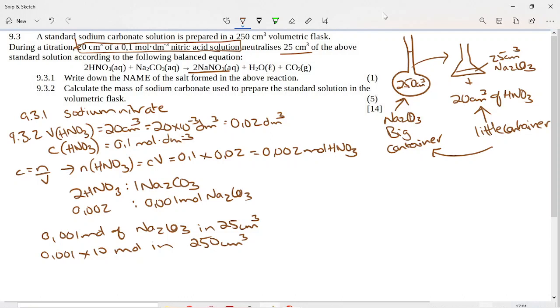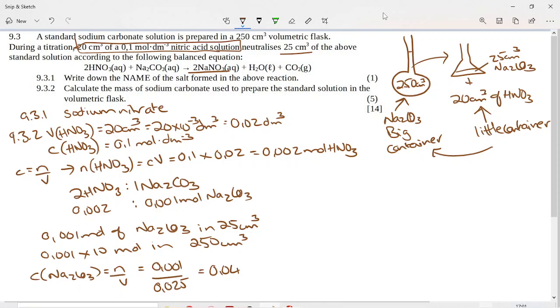Your other option is to say, okay, I have a volume of sodium carbonate, I have a number of moles of sodium carbonate, so I can say my concentration is my number of moles per unit volume. So my number of moles in the little 25 cubic centimeter sample was 0.001 over 25 times 10 to the negative 3. That's going to give me a concentration of 0.04.